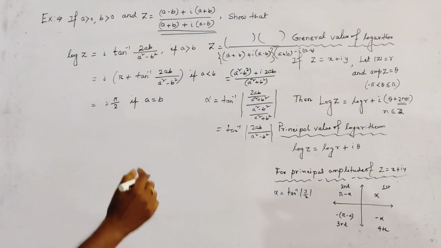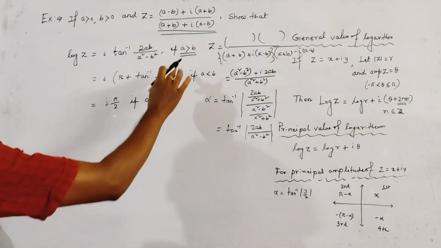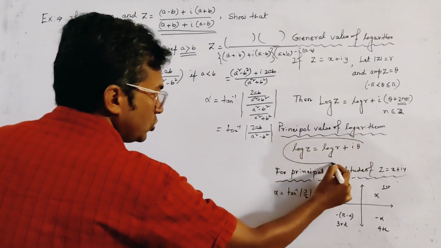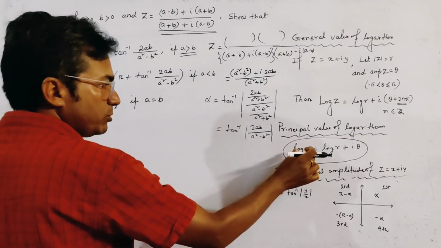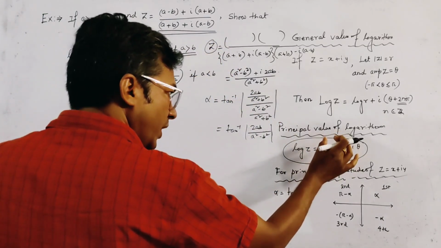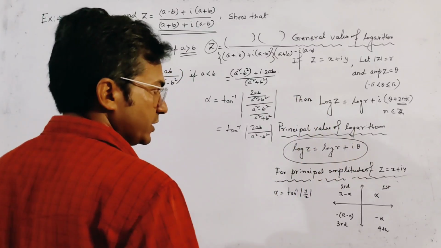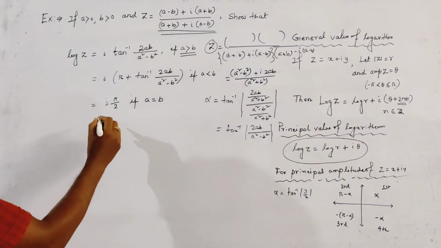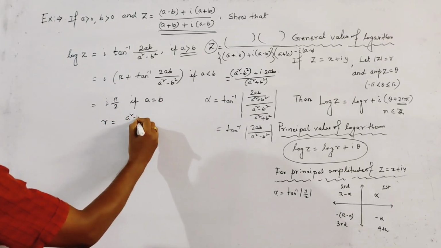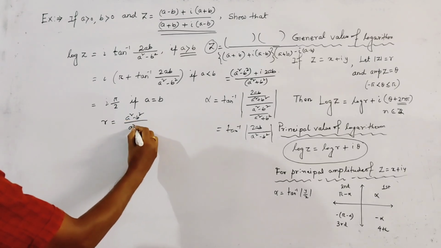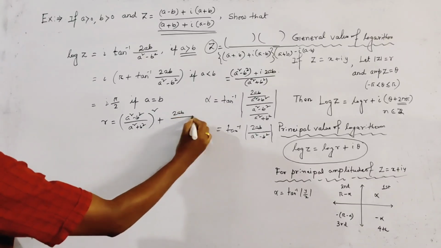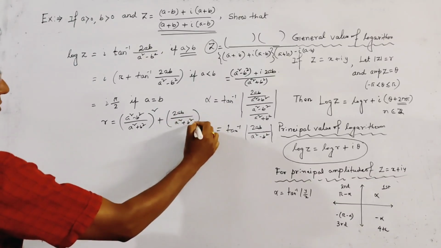Now if we take the first case, that is a greater than b, we first write this result. To find the principal value of log z, we have to find the modulus of this complex number. The modulus is obviously r, equal to the root of a square minus b square by a square plus b square whole square plus 2ab by a square plus b square whole square.